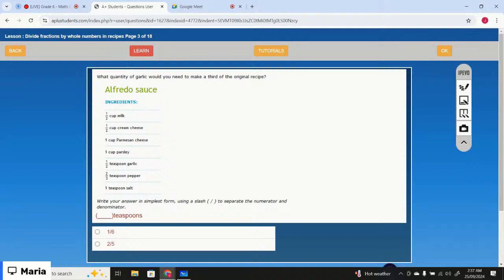The garlic you use is 1 by 2, right? When you divide it by the third, that is 1 over 6. Option number 1 is the correct option. That means for the third recipe, you are going to use 1/6 garlic.